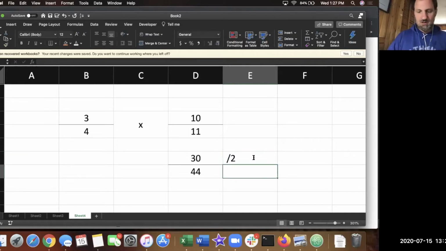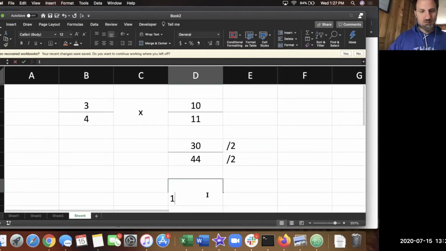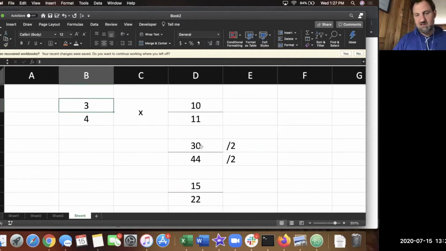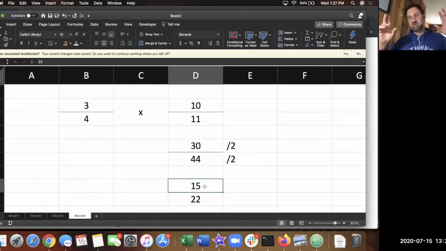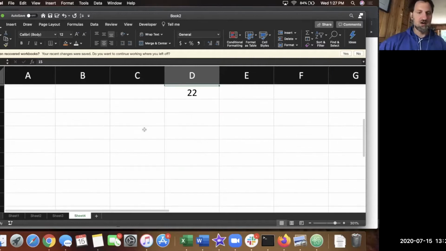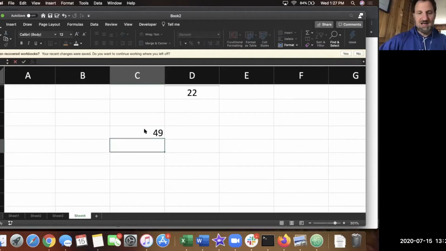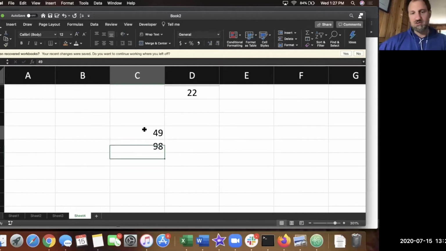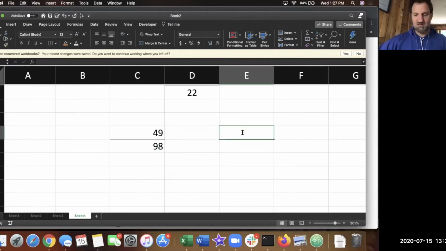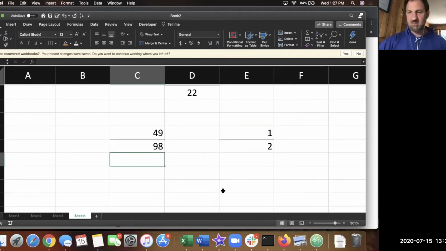So I can divide both by 2, and that leads to a simpler answer, 15/22. There's nothing better about 15/22 compared to 30/44, except that it's smaller. But if you're talking about 49/98, people are not going to respond to that as nicely as if you just said 1/2. That's my argument for simplifying: sometimes it makes things easier to understand.